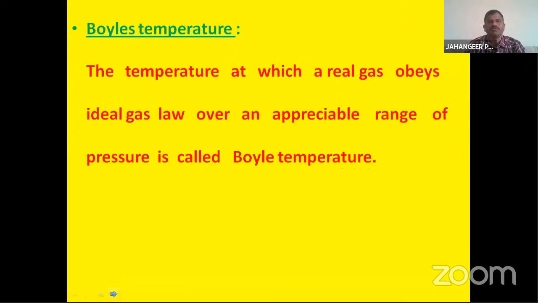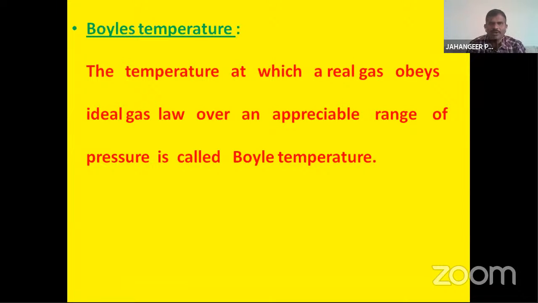So the next one is Boyle's temperature. What is meant by Boyle's temperature? The temperature at which real gases obey ideal gas laws over an appreciable range of pressure is called Boyle's temperature. Real gases also behave like ideal gases at low pressure and high temperatures.